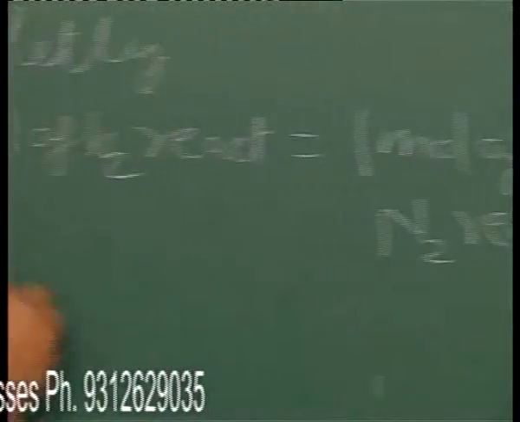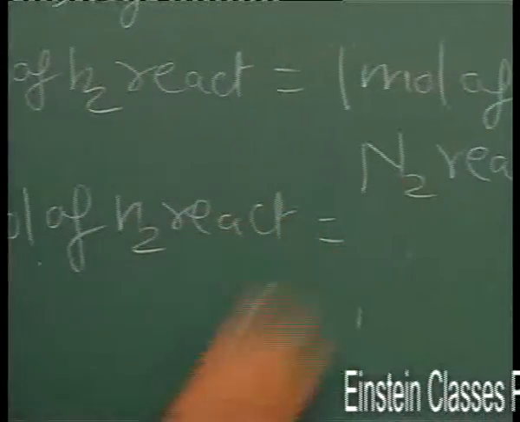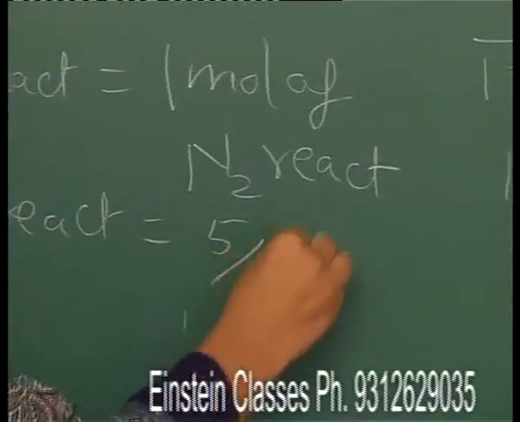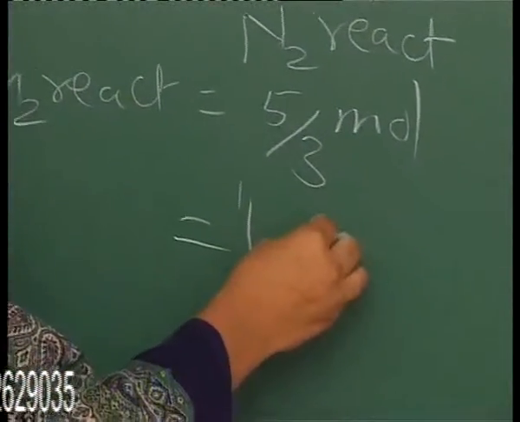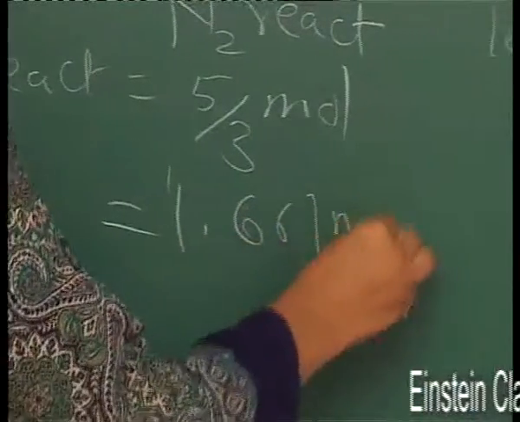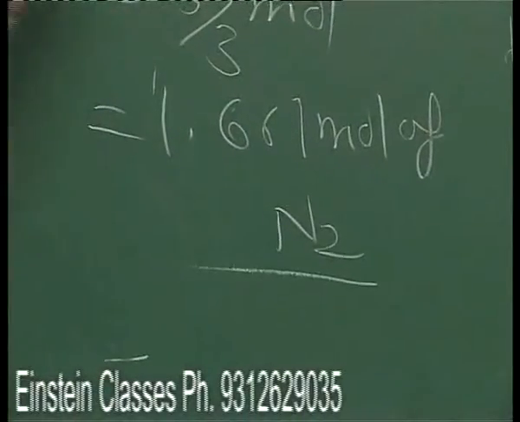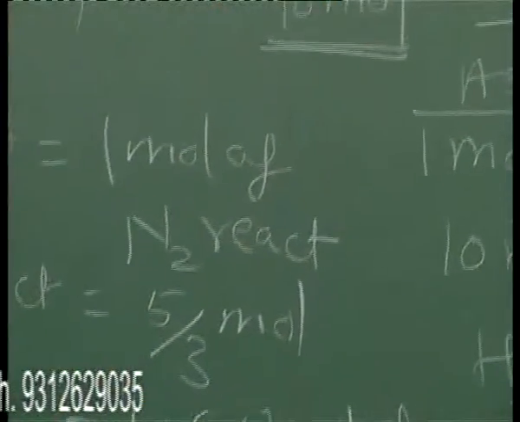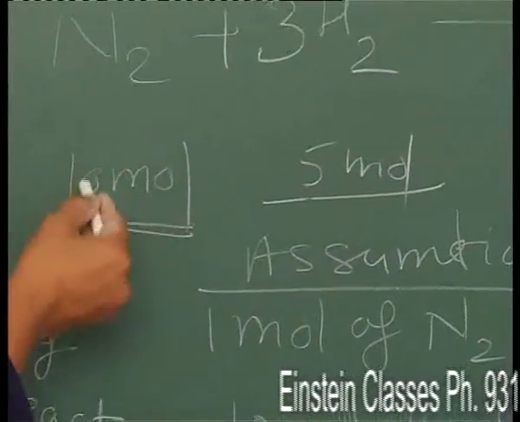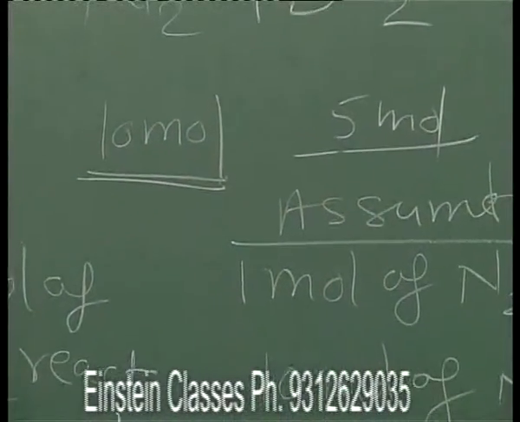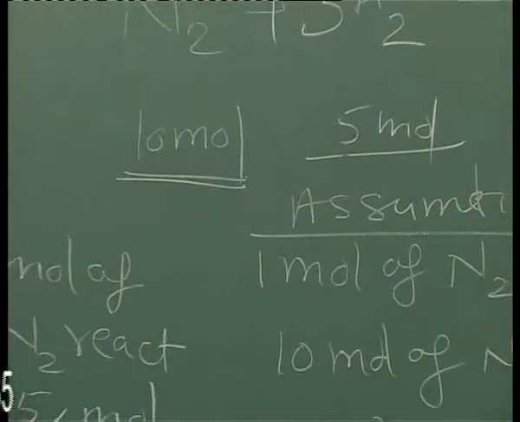Then if 5 moles of hydrogen react, nitrogen would react 5/3 moles, which means 1.667 moles of nitrogen, and we have 10 moles of nitrogen in the container. It means that to consume 5 moles of hydrogen, we need only 1.667 moles of nitrogen. So hydrogen can be consumed completely.